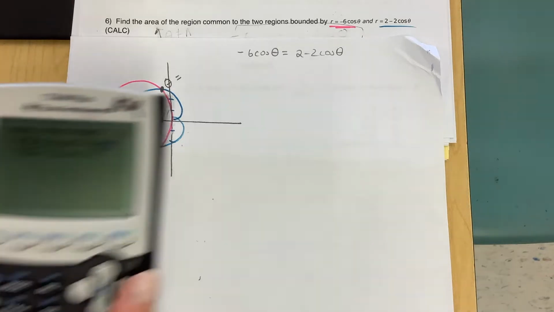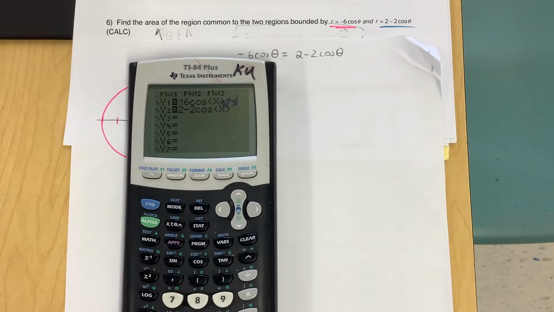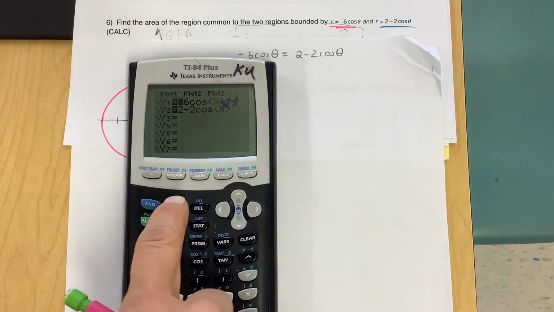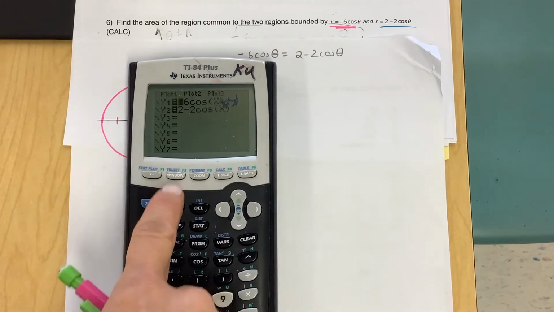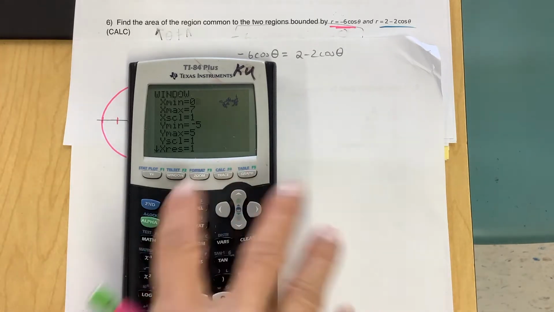So we're going to go to our calculator, type in our two equations, and see where they cross. And this is where you have to keep changing the windows back and forth. Your x is your theta, that's your variable, and we only care about theta greater than 0. So I'm going to set this up to 0, and 7 is fine because that will be bigger than 2 pi.